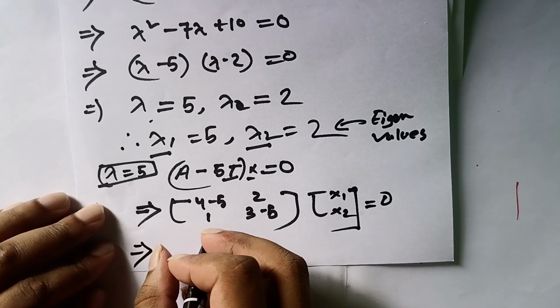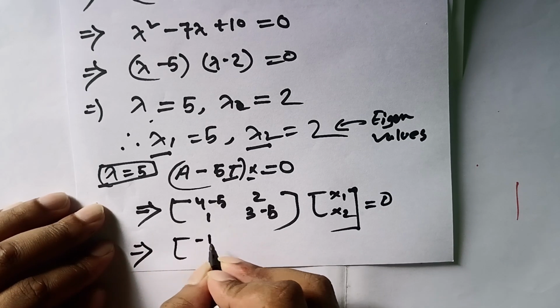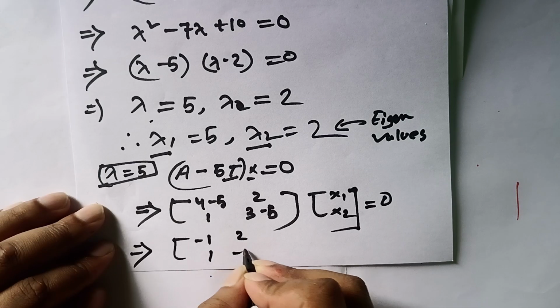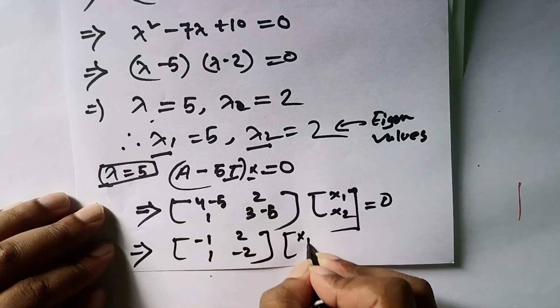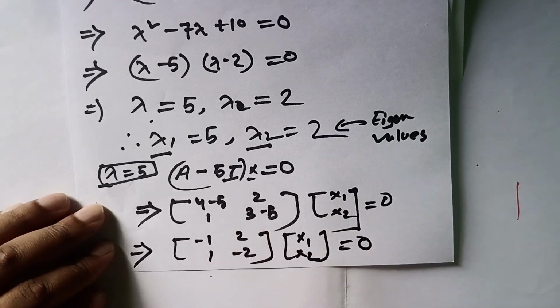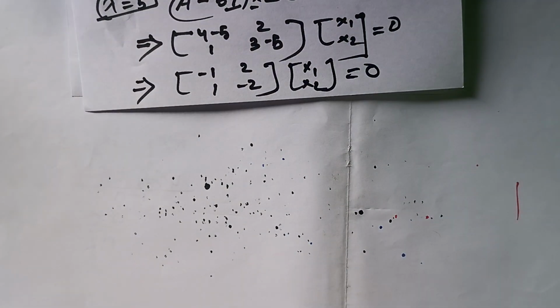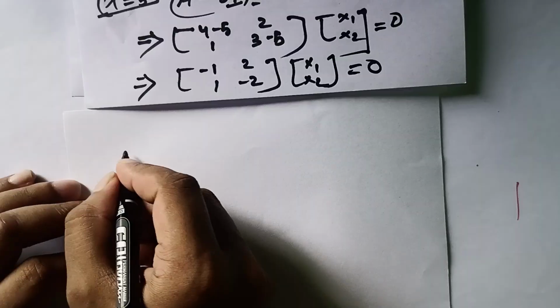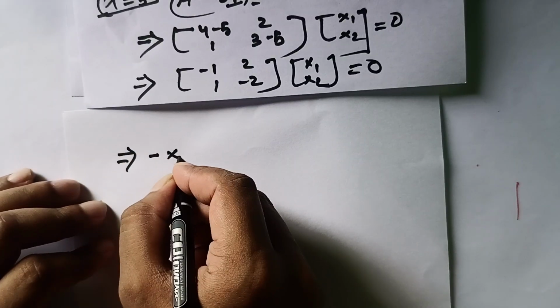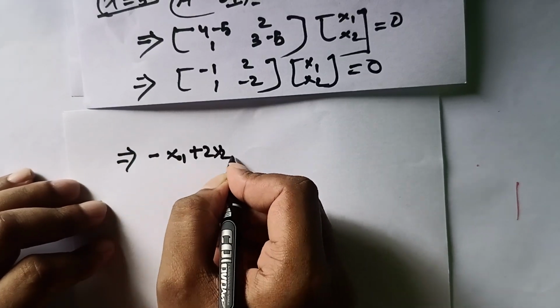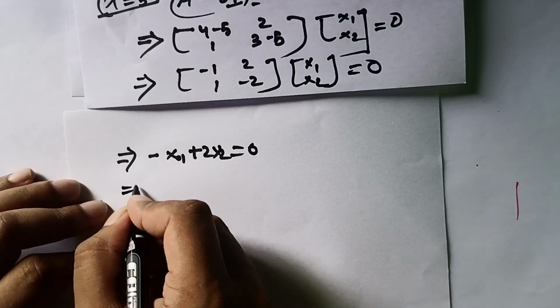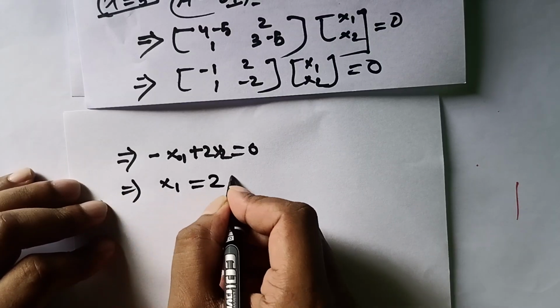If you solve this, you will find [-1, 2; 1, -2] times [x1, x2] is equal to 0. Then minus x1 plus 2x2 is equal to 0, so x1 is equal to 2x2.